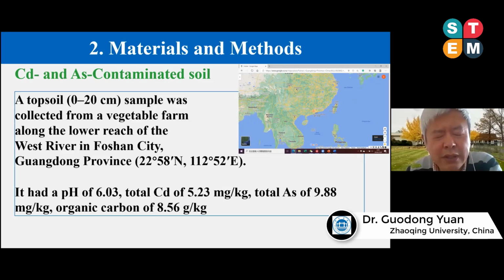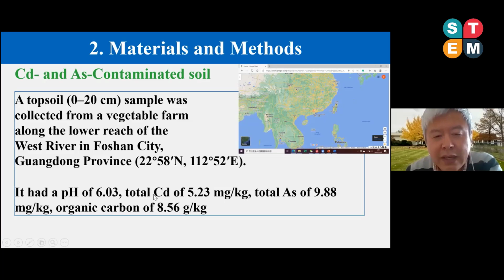So the soil had a pH of just over 6, a total cadmium concentration of over 5 ppm. By national standard, if a soil has 0.5 milligram per kilogram of cadmium, it's contaminated. So this one is 10 times the threshold. And total arsenic is about 10 ppm.